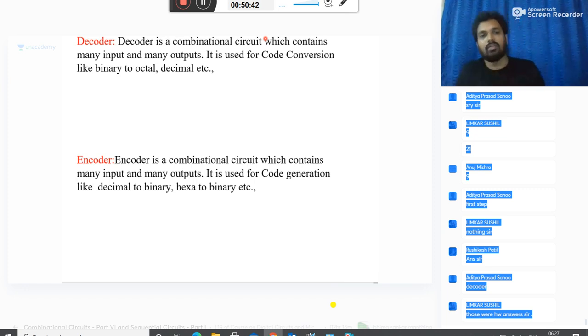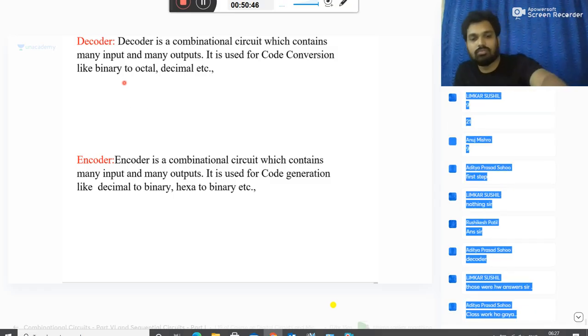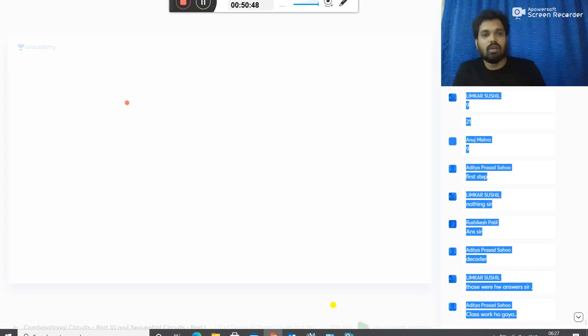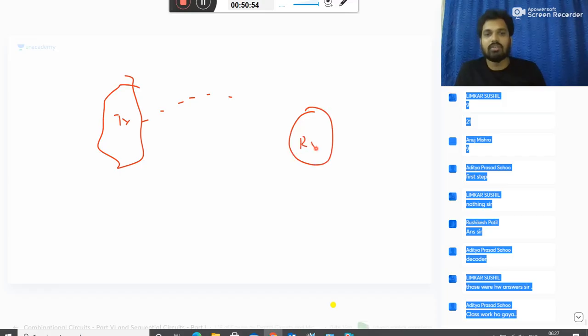Please listen here. One simple example I want to give you. Suppose you have a transmitter sending data, and you have a receiver receiving the data. You want only this receiver to receive the data.